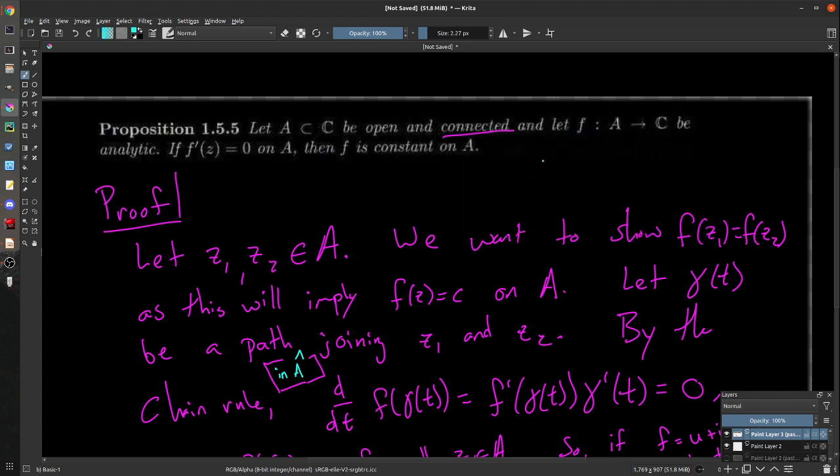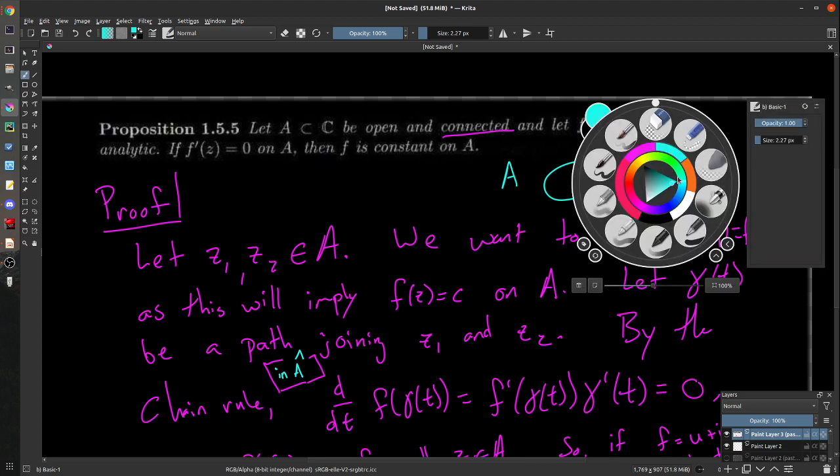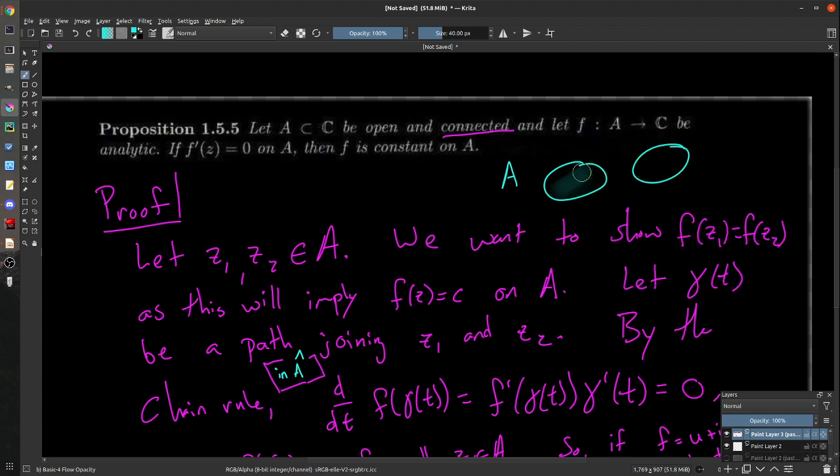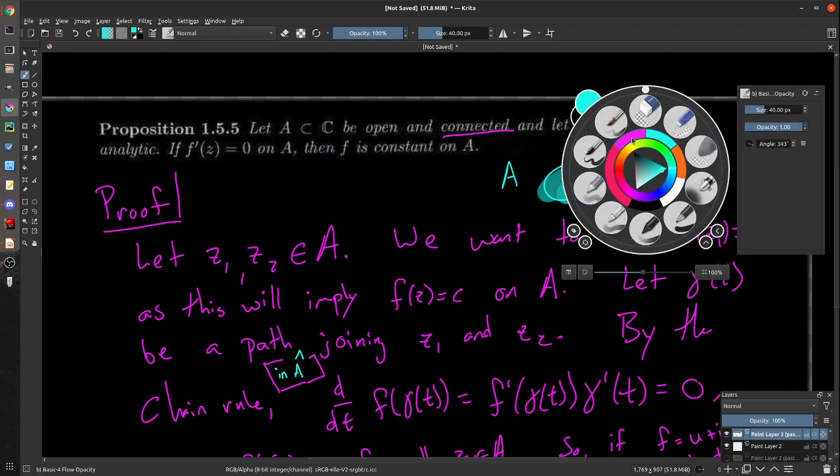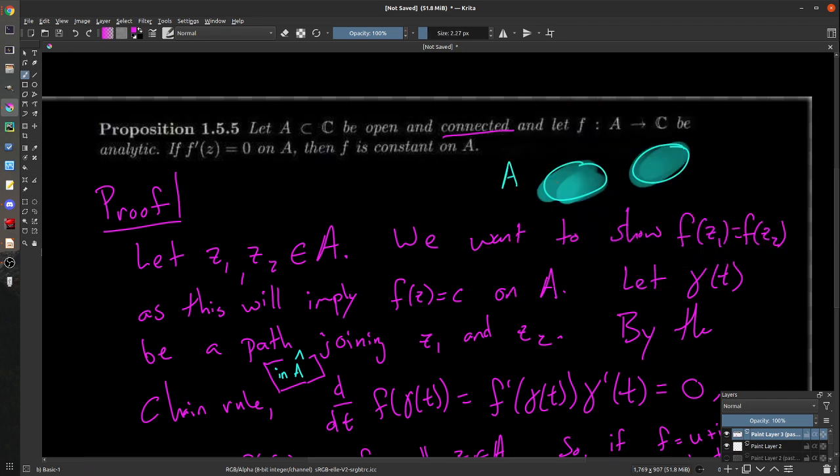Yes, so easily. How? Well, let's just take A to be 2 different circles, basically, 2 little chunks in C. And then on one of the chunks, I'll have f of z be equal to 1.